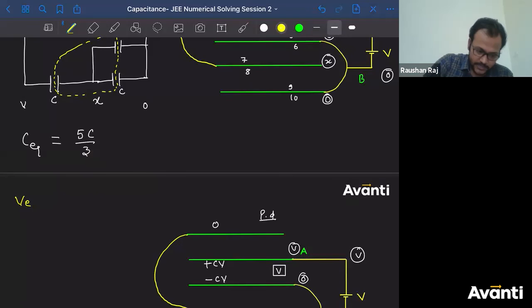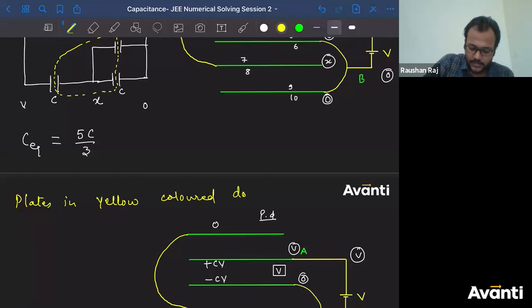So yellow colored, और ऐसा लिखता हूं, plates under और plates in yellow colored dotted lines will have net charge or total charge 0.